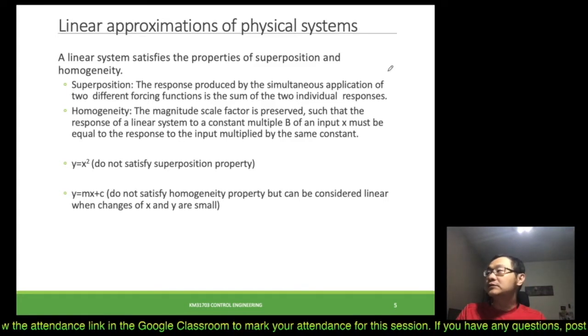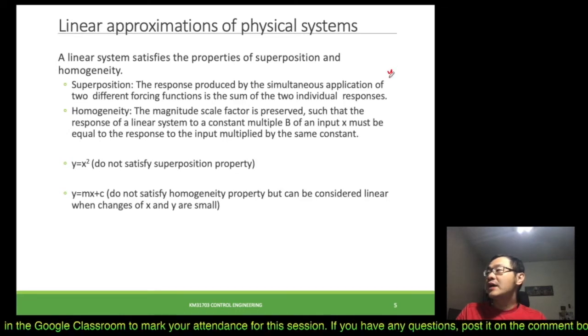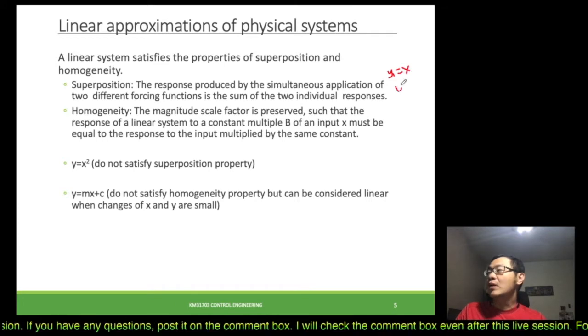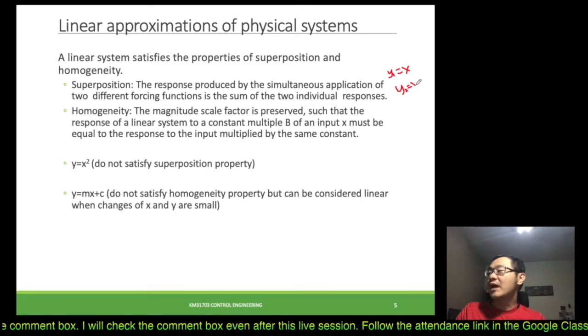For example, you would have y1 equals x and y2 equals x as well.